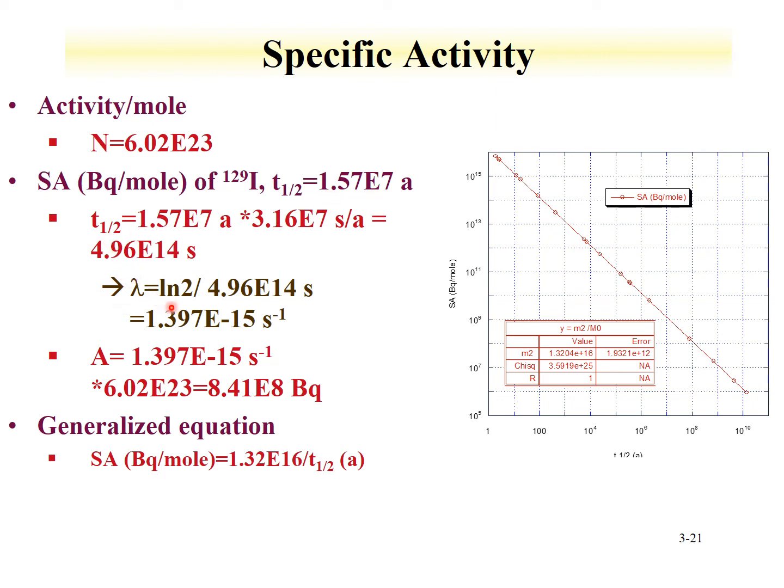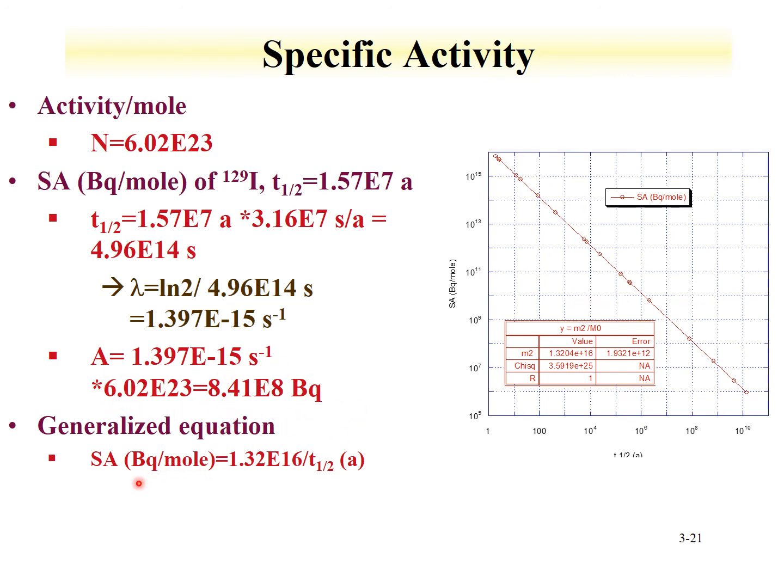I calculate the specific activity. From the half-life, I get this into seconds, which is 1.57 times 10 to the 7th seconds. I get my decay constant, which is 1.4 times 10 to the minus 15. Activity equals this value times Avogadro's number, and I get so many becquerels.